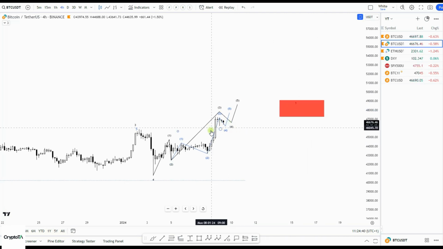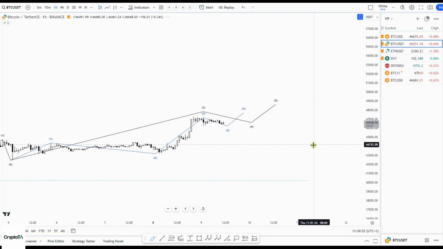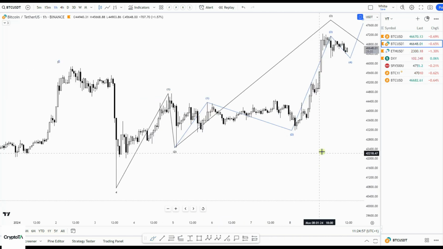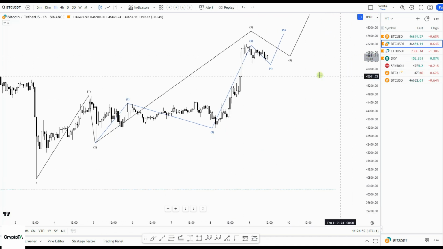And over here you can also see that I have the correction I just showed you in the other chart with the green box in here. Could be completed, or we do a little bit lower. Let me have a quick look. Yeah, well, it is not that.